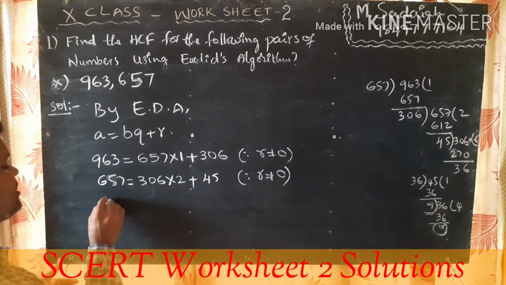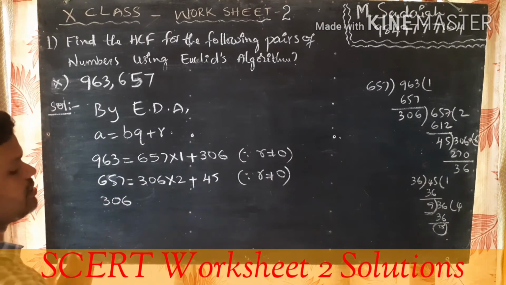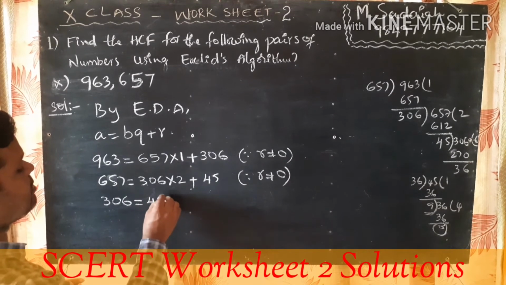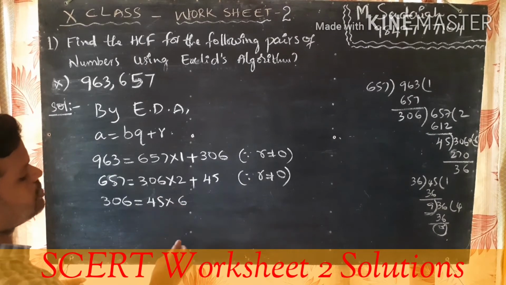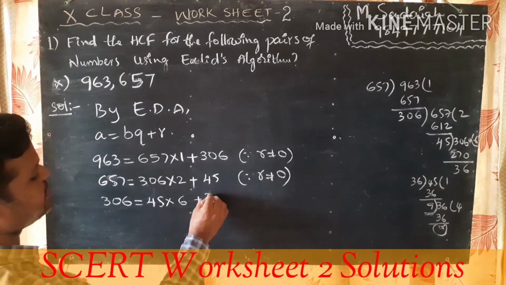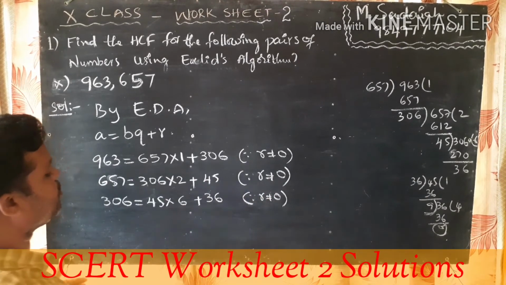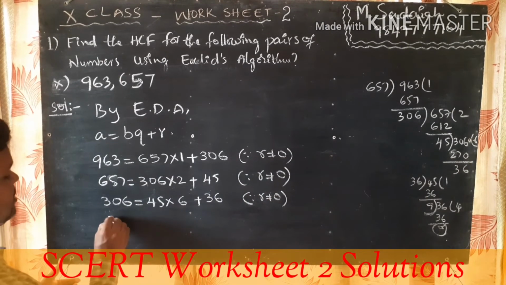So 306 comes into the dividend place. The 45 becomes the divisor. 45 sixes are 270. The remainder is 36. Again the remainder is not equal to 0. Continue this process.